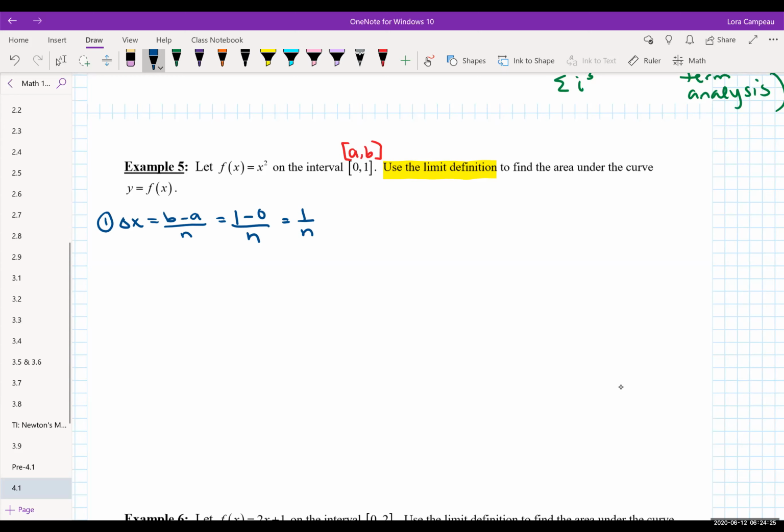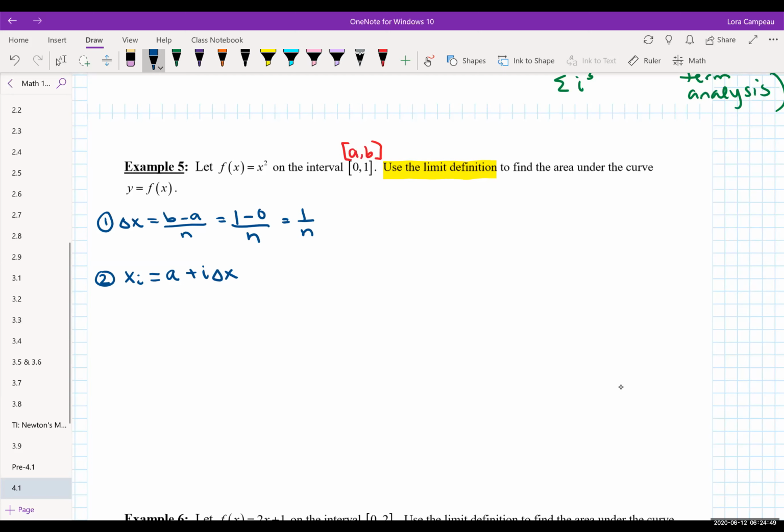Okay, second setup before we jump into limit definitions. Next thing you want to do is calculate x of i. Remember, it's always your left endpoint, and you're adding on i times delta x because you don't know how many.